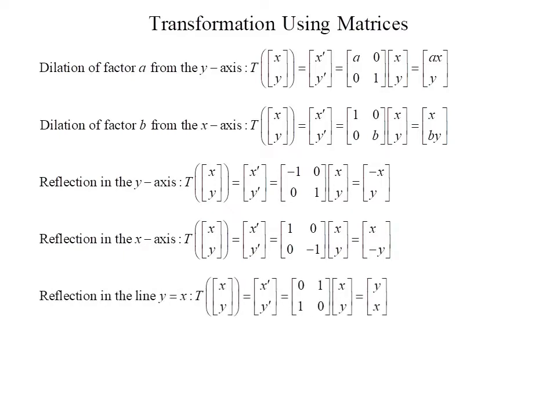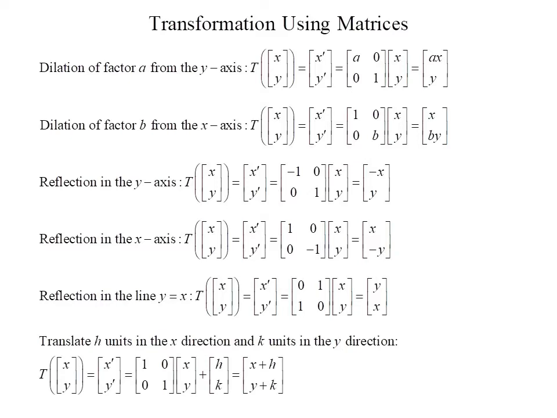When reflected in the line y equals x, the first row becomes y, while the second row becomes x. When translated h units in the x direction and k units in the y direction, the first row becomes x + h, while the second row becomes y + k.